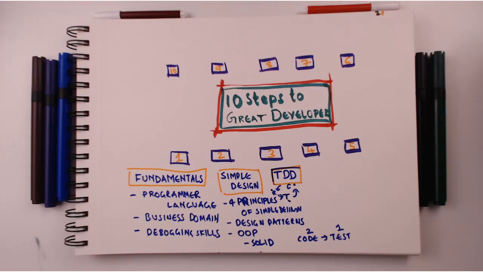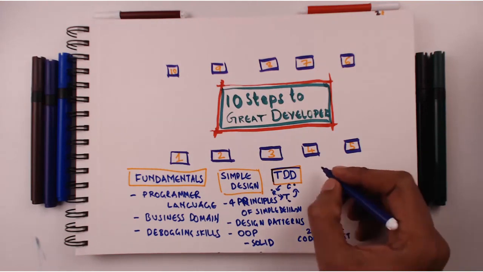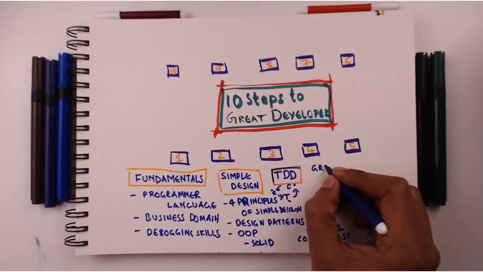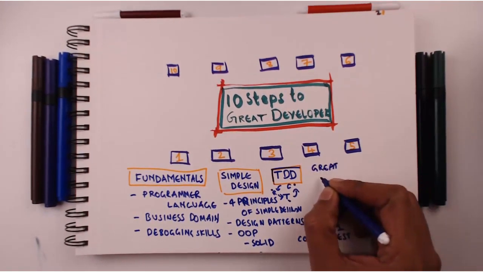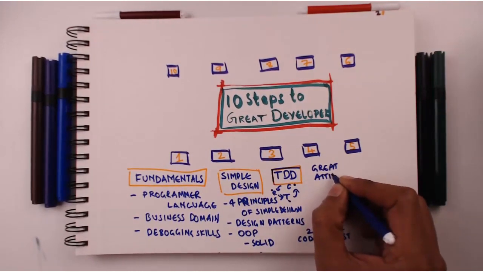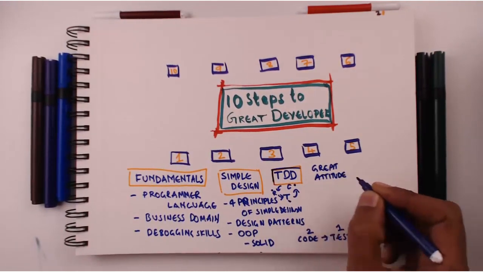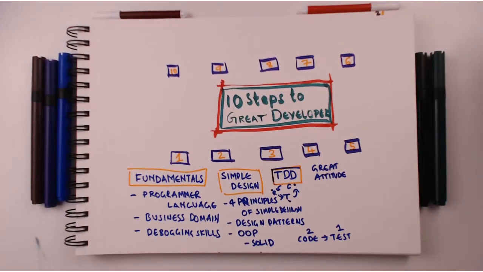The fourth important factor for me is having a great attitude. You are a developer and you are writing code which would be maintained for a long period of time. One of the most important differences that I observed between great developers and good and not so good developers is the attitude to learn every day.